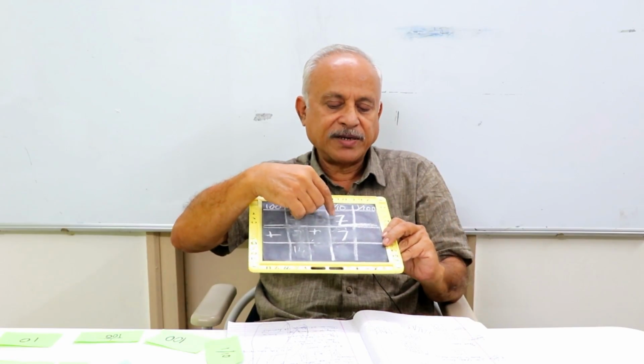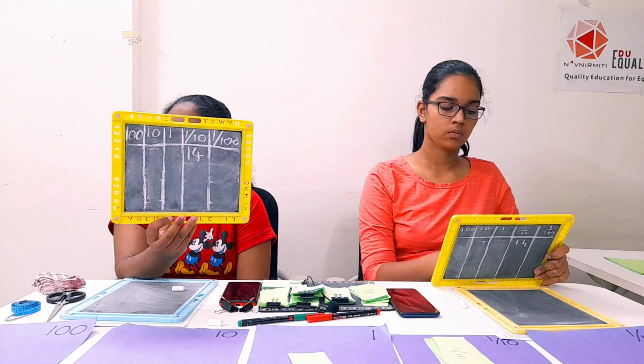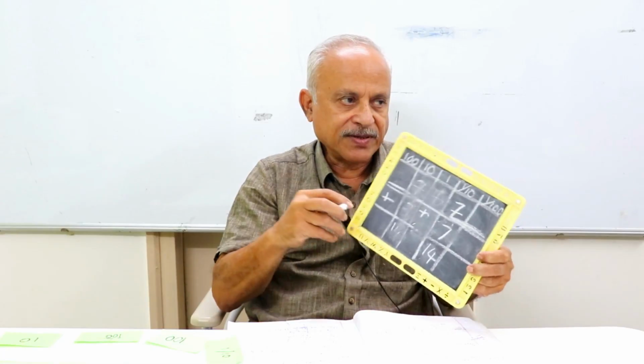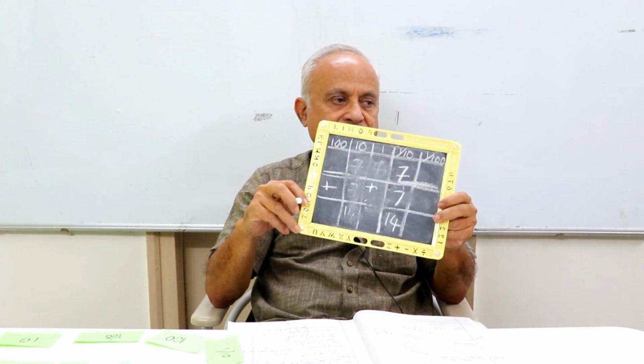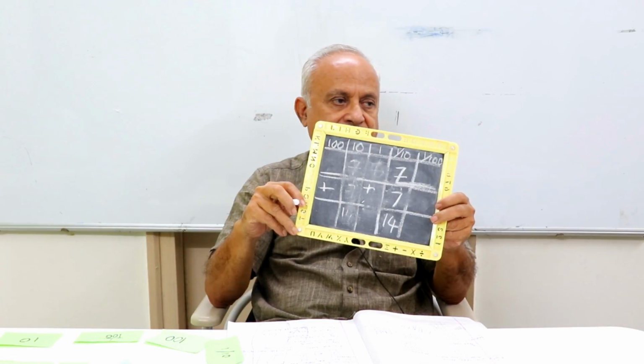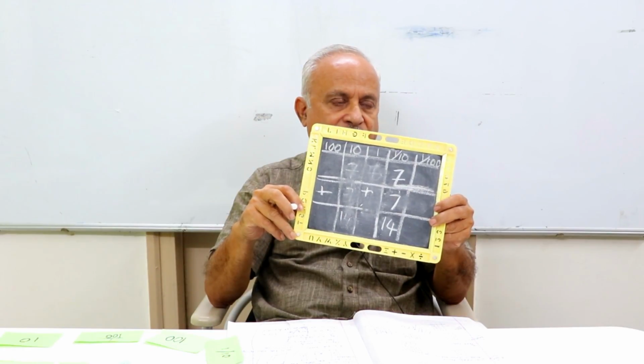So 7 1 by 10s plus 7 1 by 10s is 14 1 by 10. So this is your answer in the loose form. On the other slate, write the answer in the tight form.